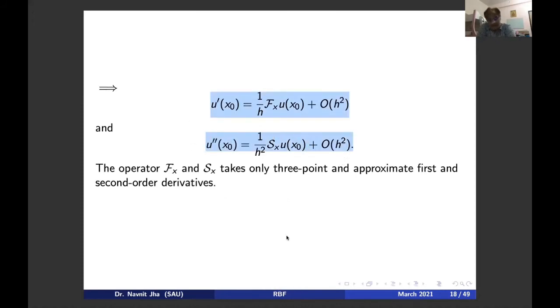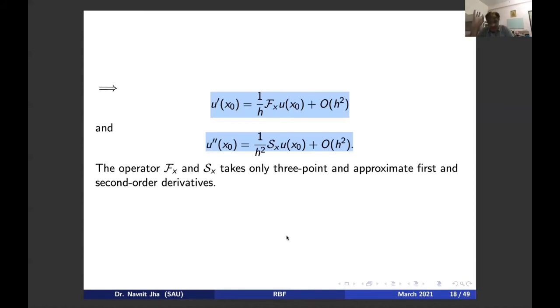Very interesting. The approximation of the first derivative and second derivative using radial basis interpolation is giving you the same level of accuracy, order h square, what we have done traditionally with the averaging operator and central difference operator.